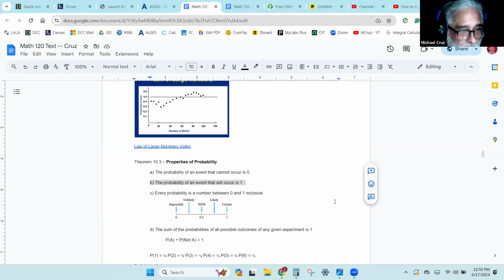And then that provides us this little thing, which is very much like the complement rule here. The probability of A plus the probability of not A is equal to 1. That means that both the probability of it raining, let's say today, it's 80% chance of rain.